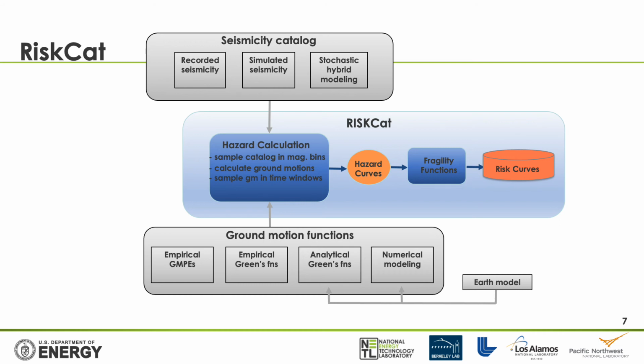But you can apply the same concept to people. Ground motions below a certain level are undetectable by humans, whereas above a certain level that may annoy people, and very large ground motions can obviously scare people and so forth. Convolving the hazard with the fragility gives us risk.